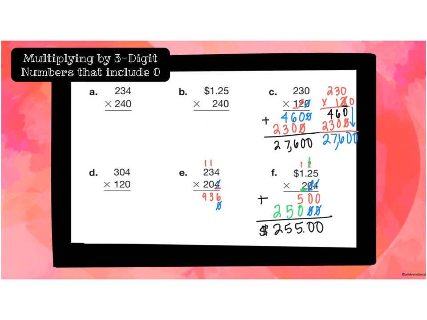With the 0, I can choose to either multiply that 0 by the 4 and put a 0 here, times 3, 0 here, times 2, 0 here for a whole row of zeros. Or I can go ahead and just put a placeholder here and then start multiplying the 2 by everything. So 2 times 4 is 8, 2 times 3 is 6, 2 times 2 is 4. I can add those together and my answer will be 47,736.